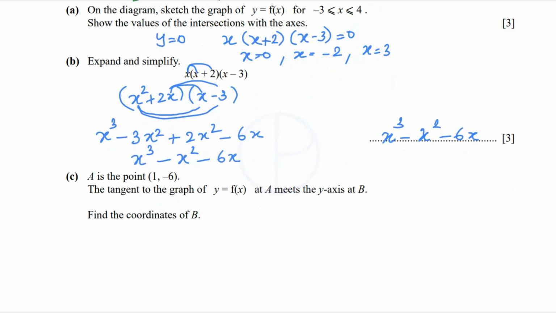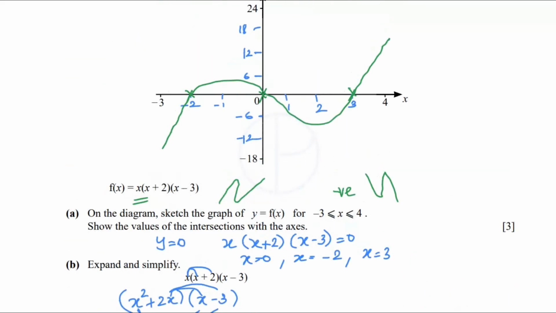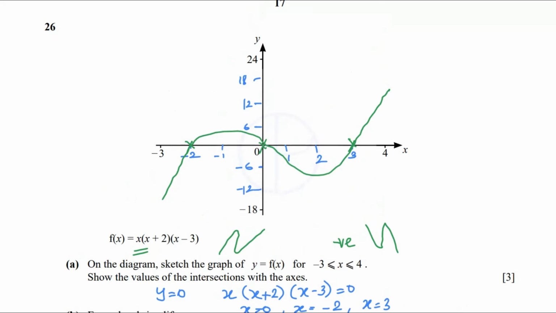The next part of the question, A is a point 1 comma minus 6. The tangent to the graph of y is equal to f of x at A meets the y-axis at B. Find the coordinate of B. To find the coordinate of B, first we need to find the equation of the tangent to the curve. A is the point 1 comma minus 6, pointed here.